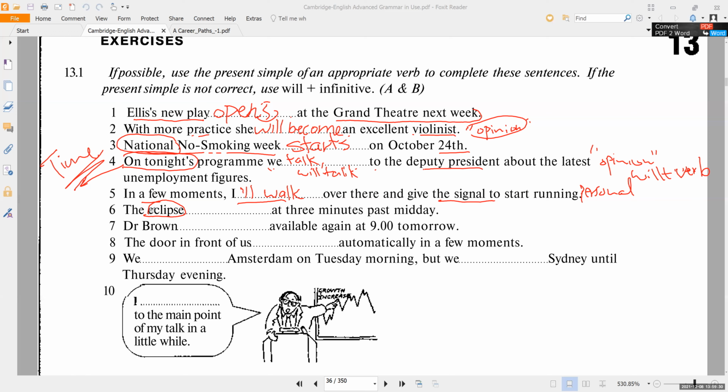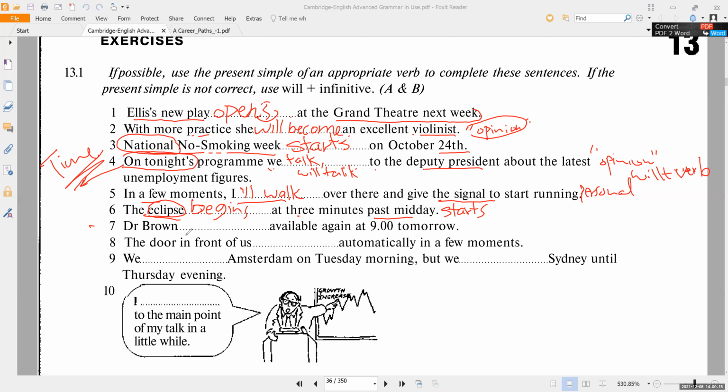The eclipse اللي هو الخسوف أو الكسوف at 3 minutes past midday محدد بوقت، هذا لسنا نحدده، هذا شيء فلكي محدد من الله سبحانه وتعالى. إذن ماذا سيكون نمبر 6؟ حيكون begins مضارع بسيط. نقدر نقول begins أو ممكن نقوله حتى starts. يبدأ begins at 3 minutes past midday.